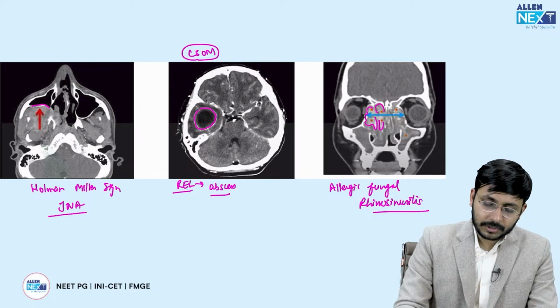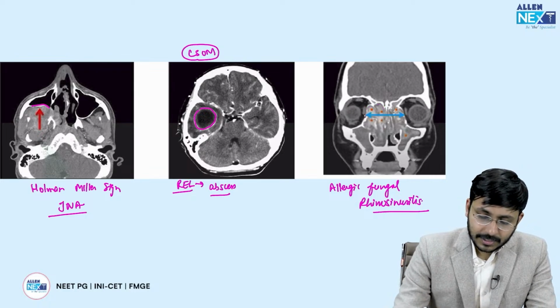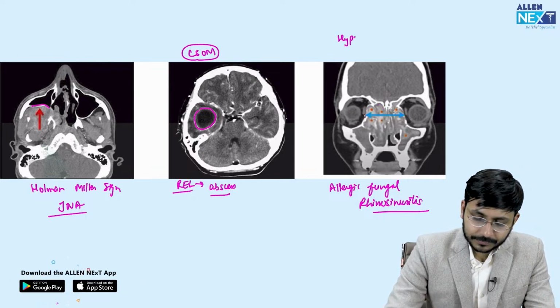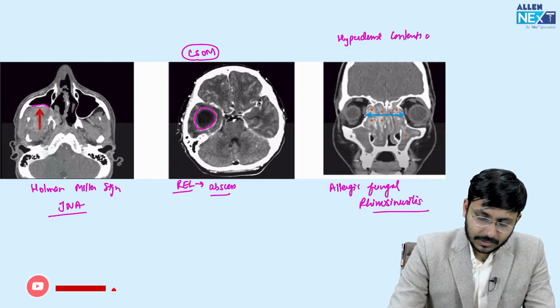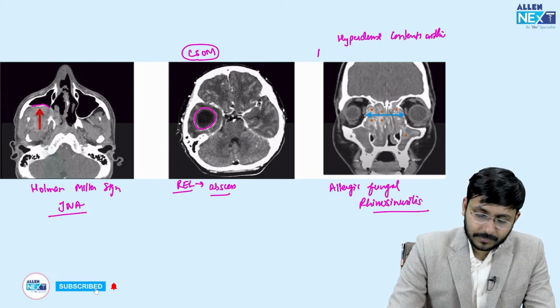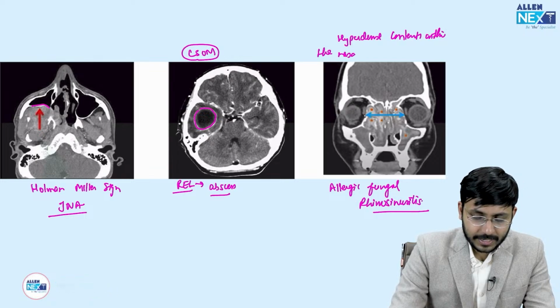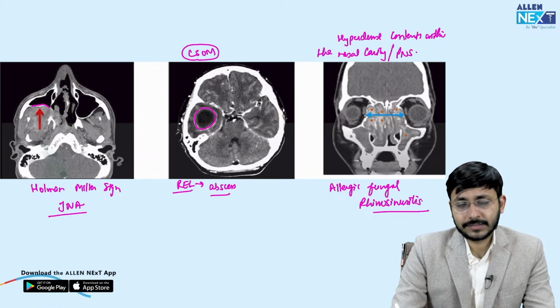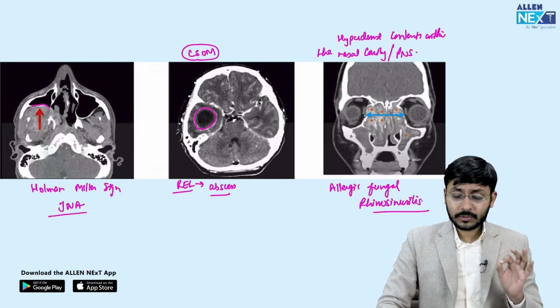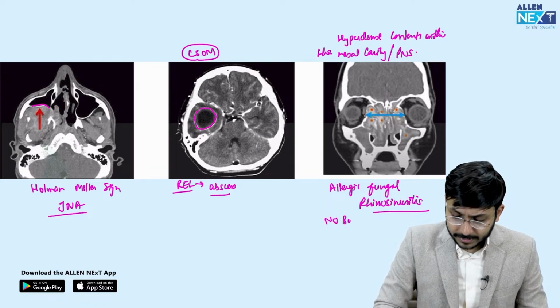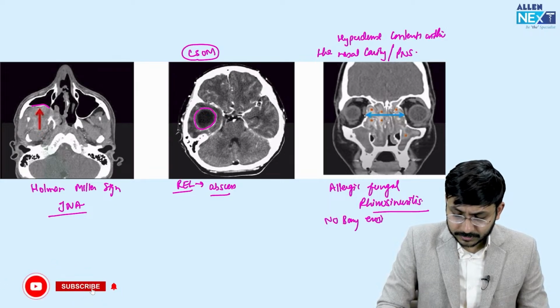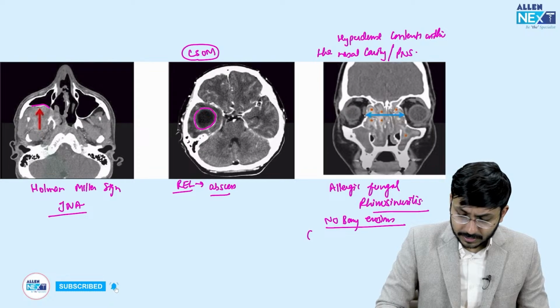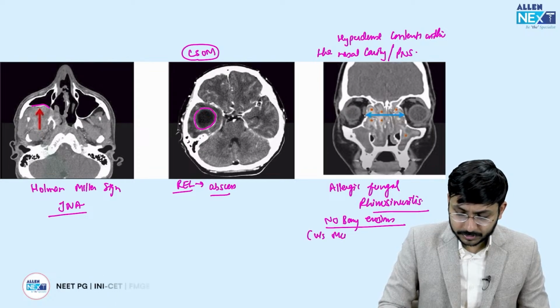Okay, what are the buzzwords here? Hyperdense contents within the nasal cavity and your paranasal sinuses. Now, in allergic fungal rhinosinusitis, there are no bony erosions, in contrast to mucormycosis.